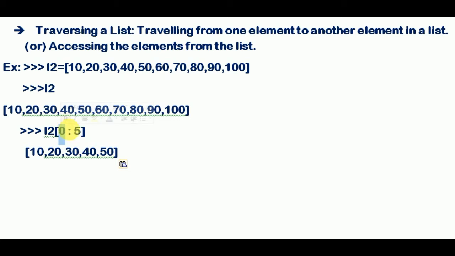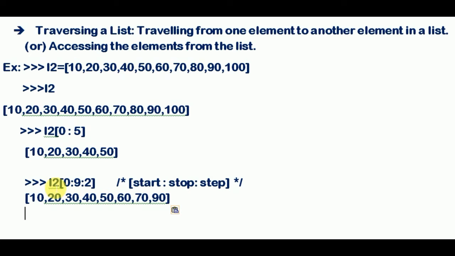From the 0th to the 5th position we want to display the list elements here. So the 0th position is 10, and the 5th position is basically 5. Through this we can filter the elements on the basis of the values given inside the method.